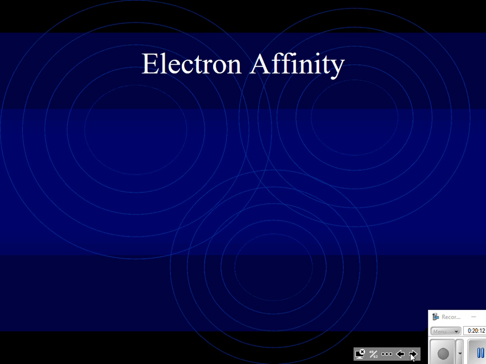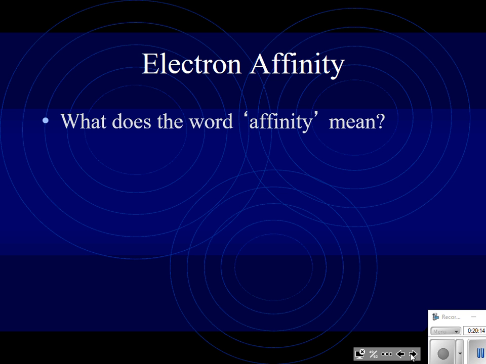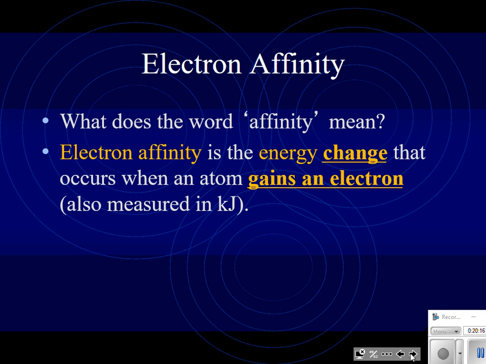Electron affinity. What is affinity? Electron affinity is the energy change that occurs when an atom gains an electron. The electron affinity is also measured in kilojoules.